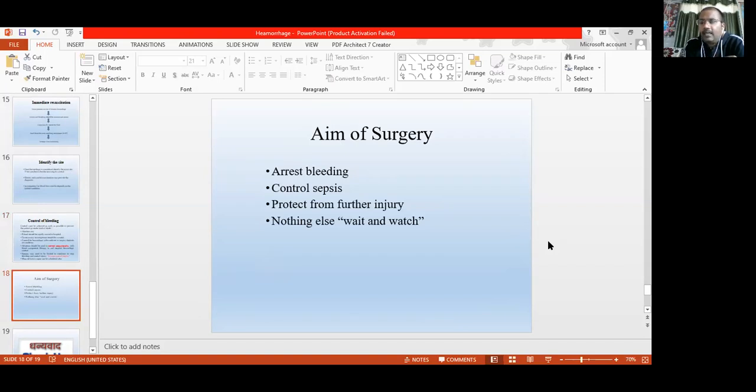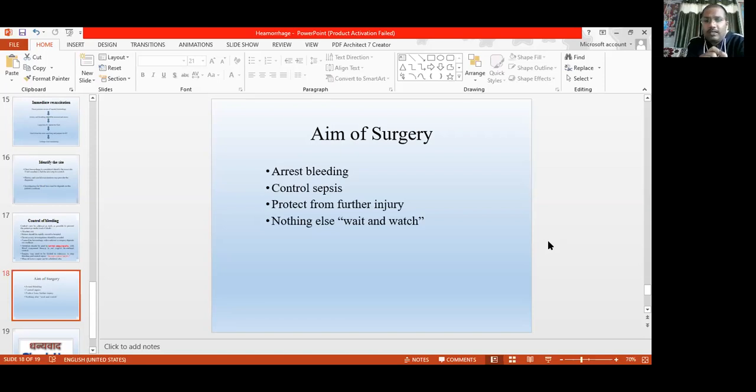Second, to stop any kind of sepsis, meaning the whole process of bleeding control must be sterile. Suppose a patient has trauma and you are suturing and controlling the bleeding, but your technique is faulty or the instruments are unsterilized.